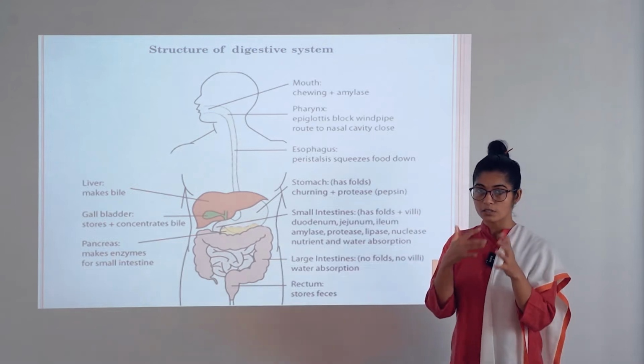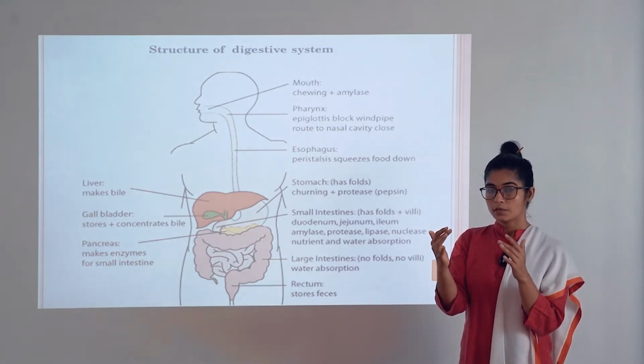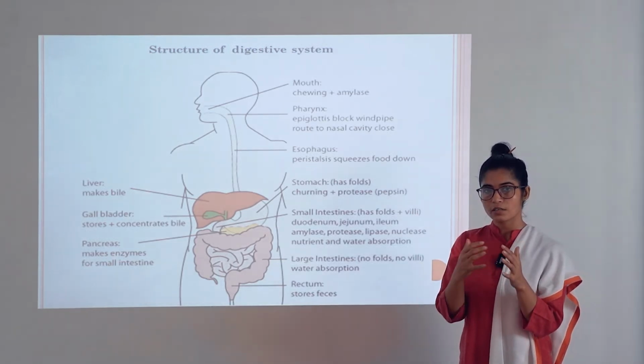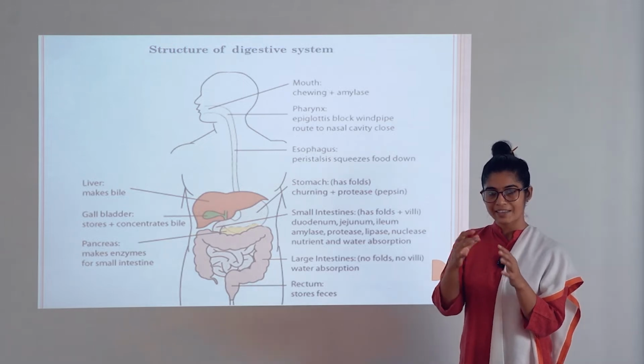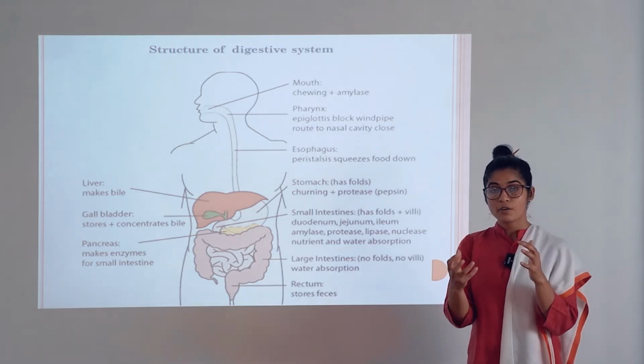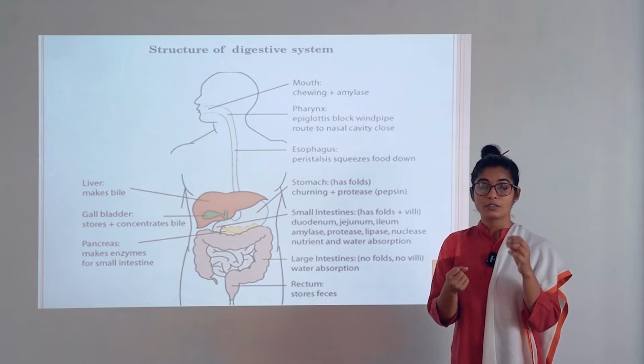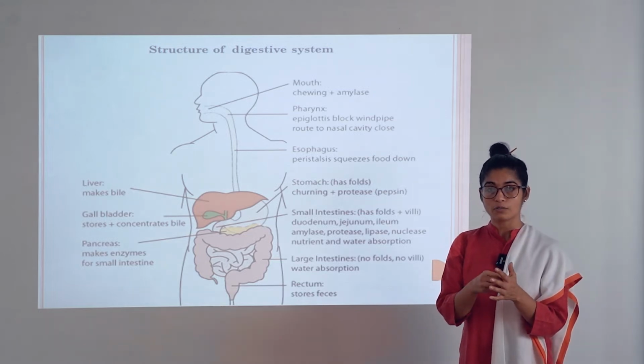The stomach has folds. The inside structure of the stomach is really specific. It has different folds, and these folds help with the churning of the food and breaking it down.